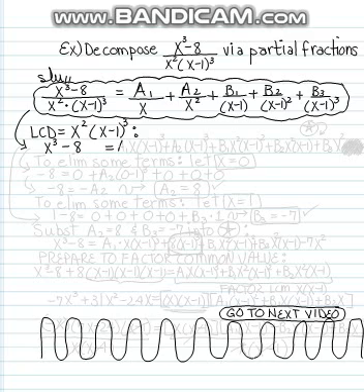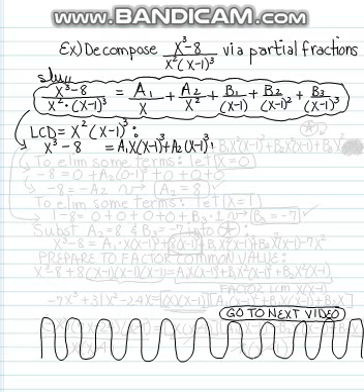Bring down the equal sign. When I multiply the first term by the LCD, I get a sub 1 times (x minus 1) to the third. Everything else is gone, and then for the second term, plus, I get a sub 2 times (x minus 1) to the third.